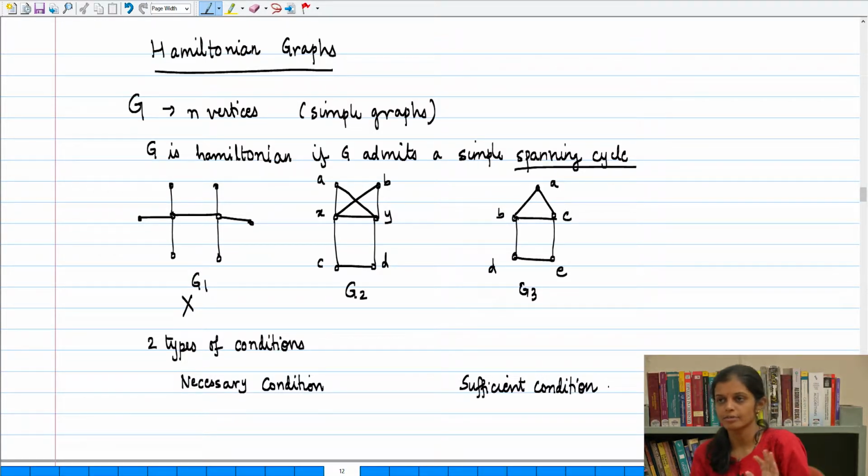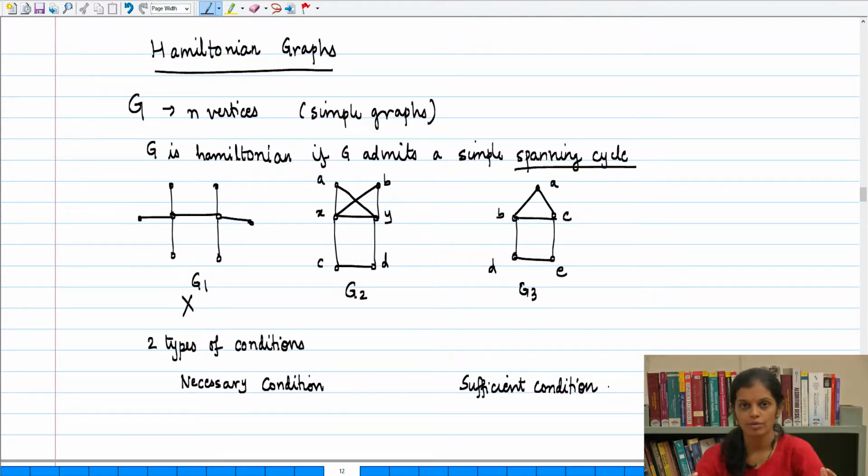So let us, before we look at the actual conditions, let us see what we understand by a condition being necessary, right? So what do you think is a possible necessary condition for a graph to be Hamiltonian?